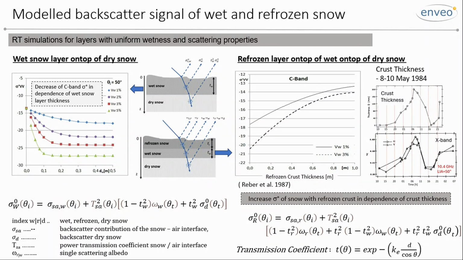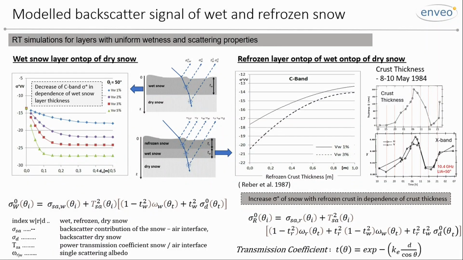And we calculated now the impact of the wet snow on top of a dry snow. So this is this sketch here. So we have a certain thickness of a wet layer. This can be snow of 2 meters, and the first 10, 20, 30 centimeters are actually wet with a certain amount of liquid water content.